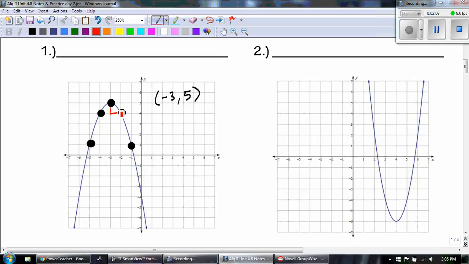Well, I went down 1 over 1, down 4 over 2. So that's my a equals 1, but is it positive or negative? Good, it's negative, okay? So we'll start color coding this. So my a is -1, and then my vertex is -3, 5, okay?